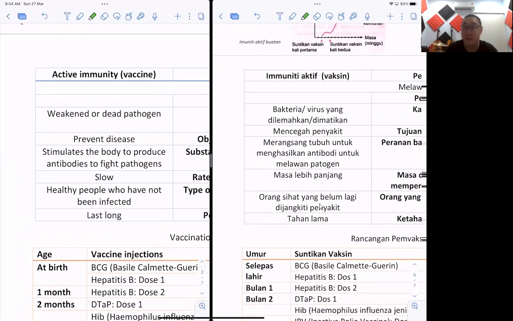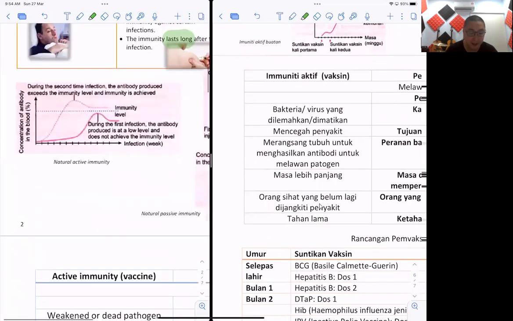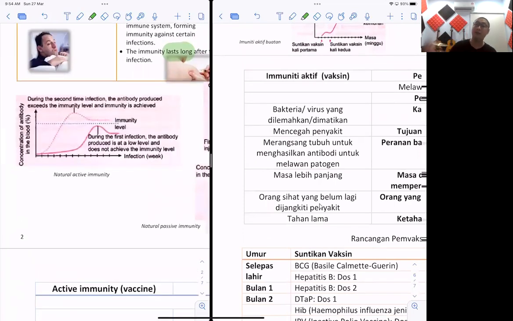Now, what is active immunity? Active immunity is whereby my brother didn't do the homework, so he is going to be punished by the teacher. The teacher is going to take the cane and whack his ass. So what does my brother do? He just says, whack my ass lah. Whack lah, doesn't matter.